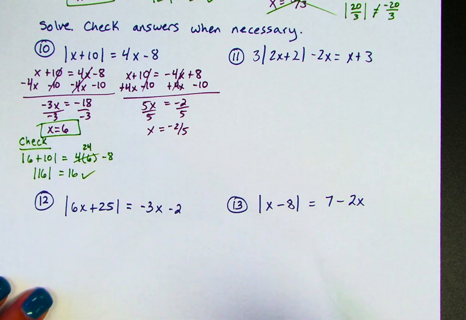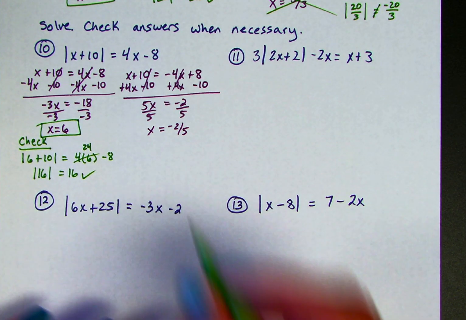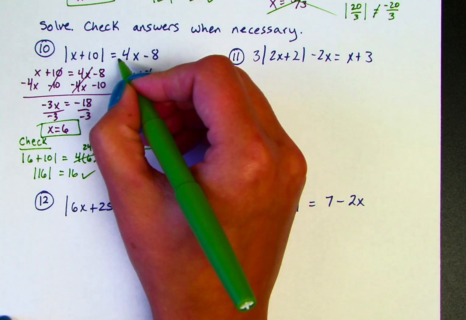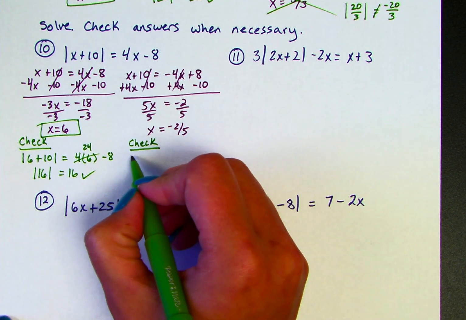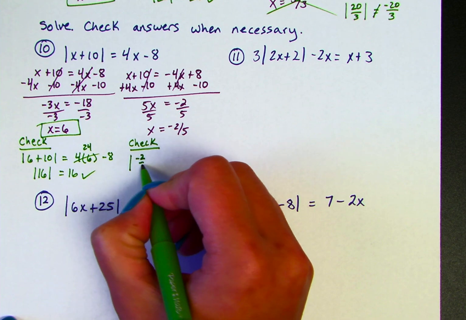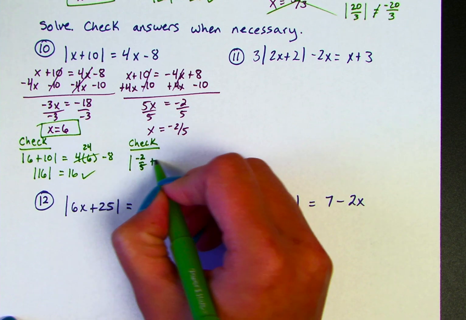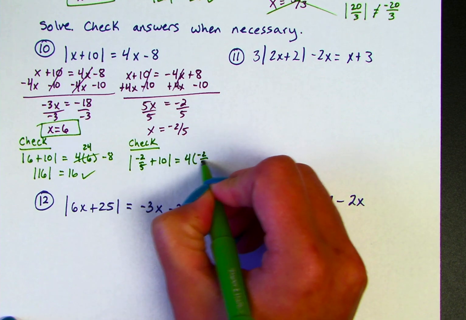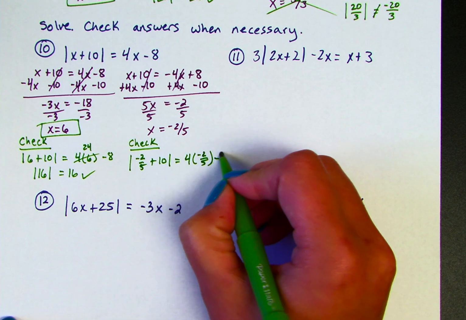So x equals 6 is an answer. And then now I need to check my second answer back to that original problem again. So we're just substituting that fraction in for all of the x's. So negative 2/5 plus 10 equals 4 times negative 2/5 minus 8.